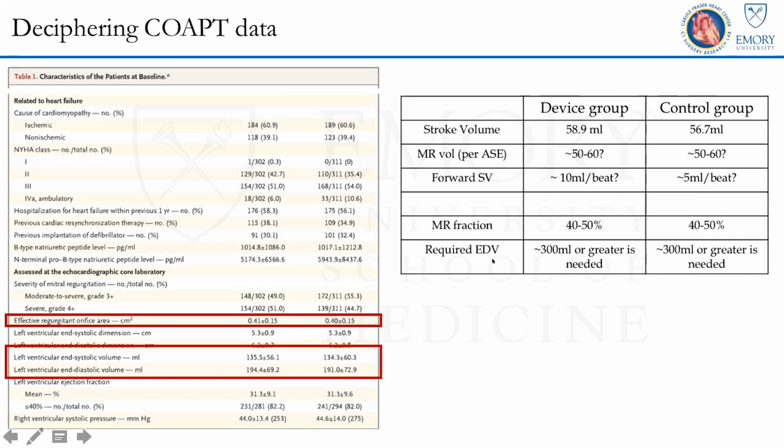To get the regurgitant fractions that they reported, that all these patients had about 40 to 50% MR fraction, with this effective regurgitant orifice area, you would need approximately 300 ml or greater of EDV, whereas what they report is 190. In the MITRA-FR patients, the average EDV was about 290, whereas in COAPT, it was not, indicating that maybe there is some underestimation of end diastolic volume in these patients as reported.